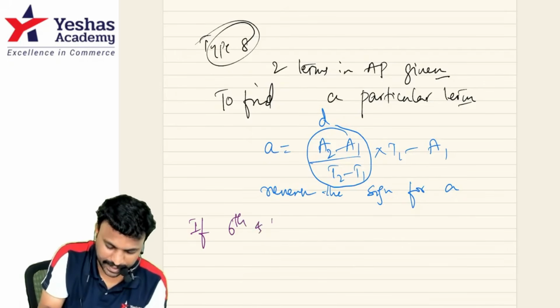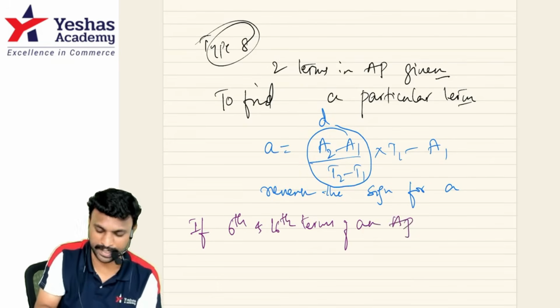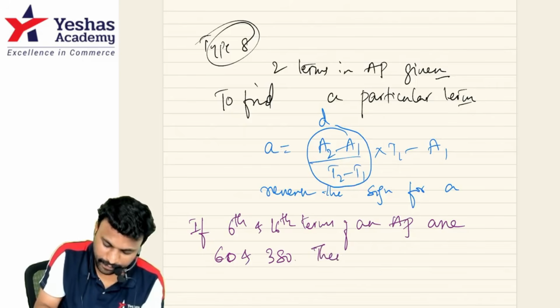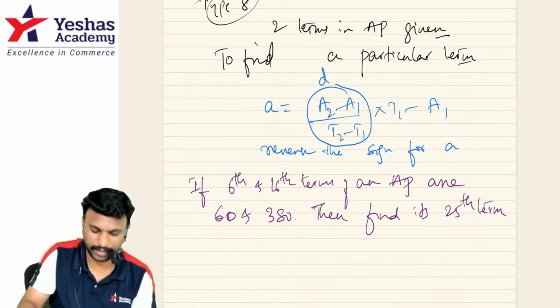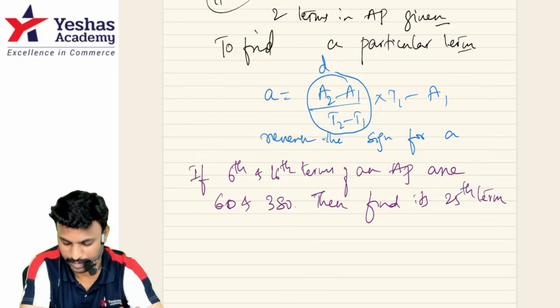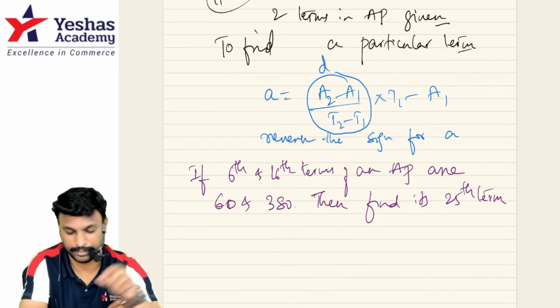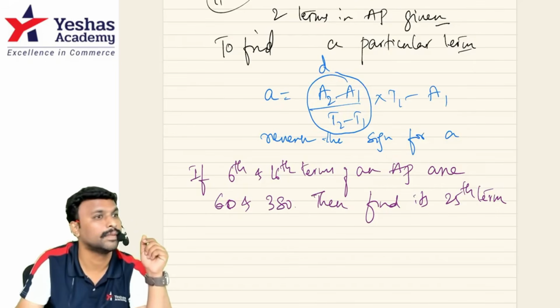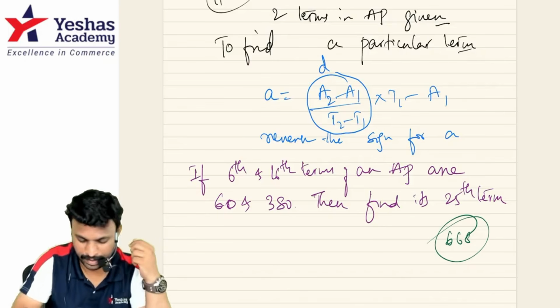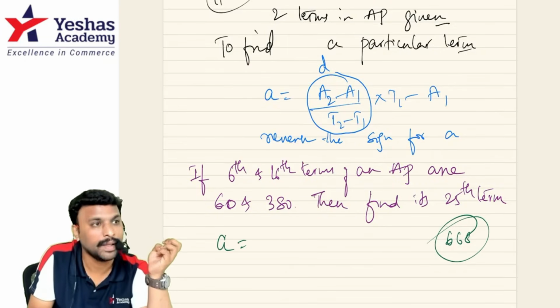If the 6th and 16th terms of an AP are 60 and 380, then find its 25th term. A, you get positive or negative?